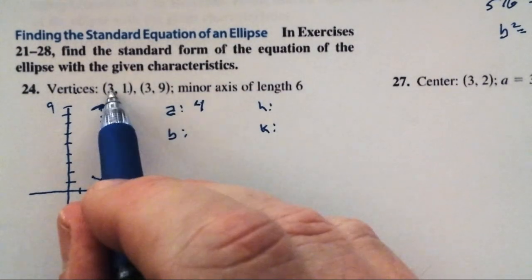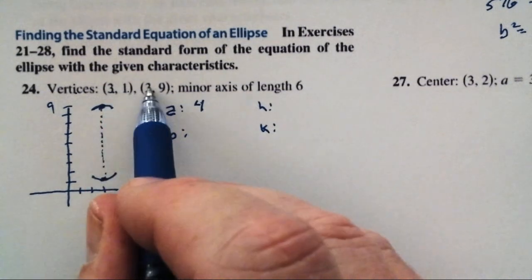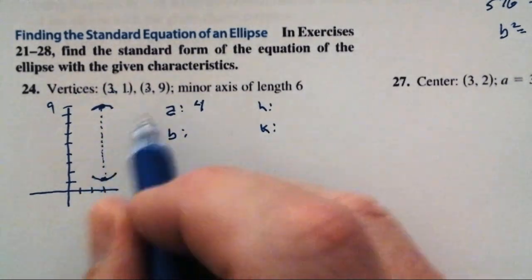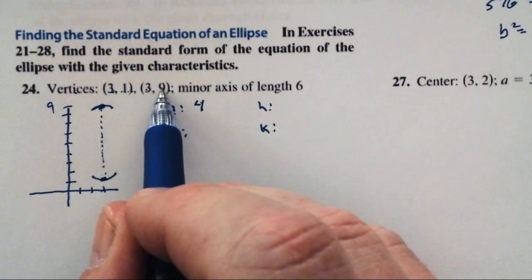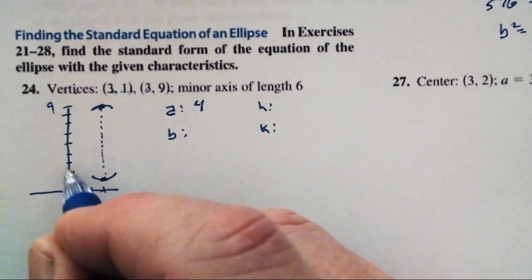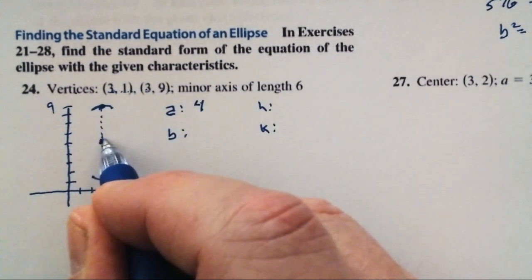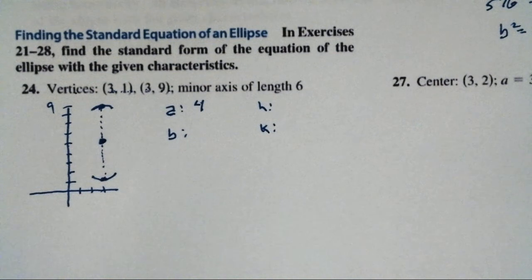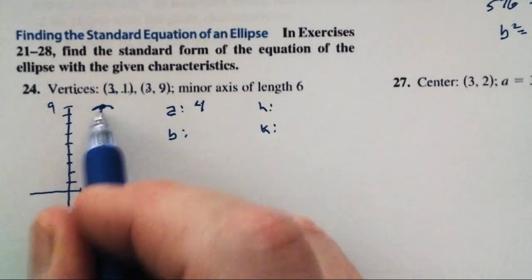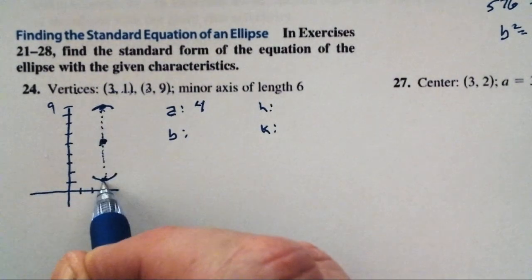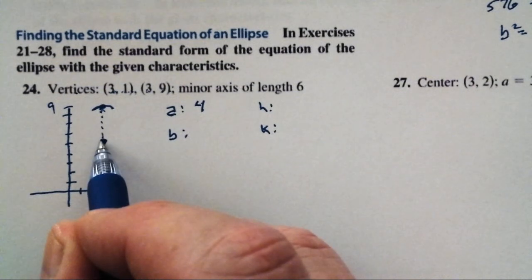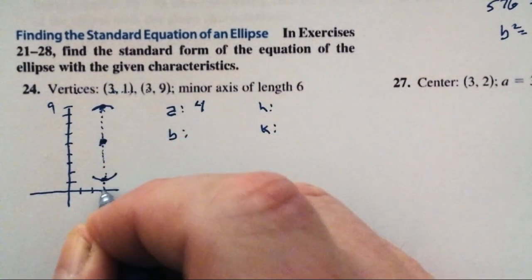HK is just the midpoint. The middle of 3 and 3 is 3. The middle of 1 and 9 is 1 plus 9, 10 divided by 2, 5. And we notice from that 5, that's up 4, down 4 to get to 9 and to get to 1. So our center point is 3, 5.